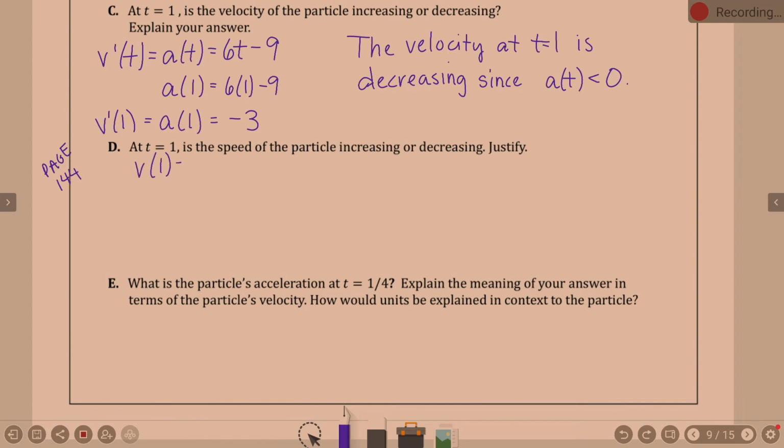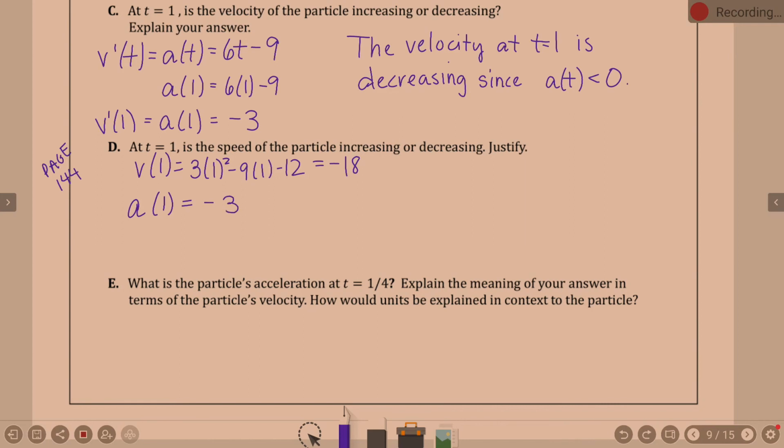So, the velocity at 1: 3 times 1 squared minus 9 times 1 minus 12. And that's going to be negative 18. We just talked about the acceleration at 1 up above.